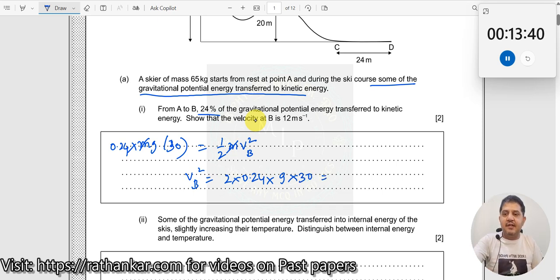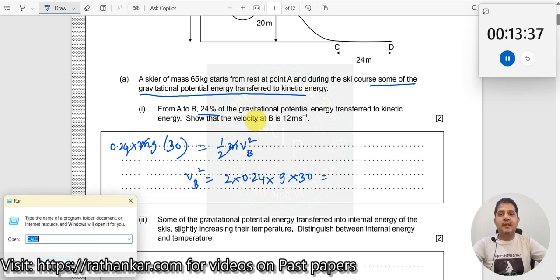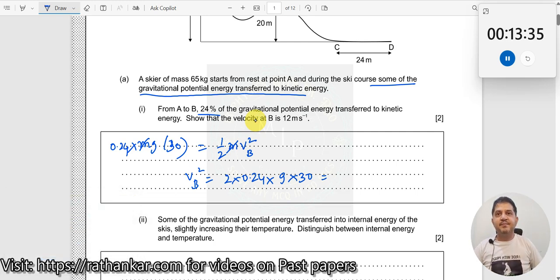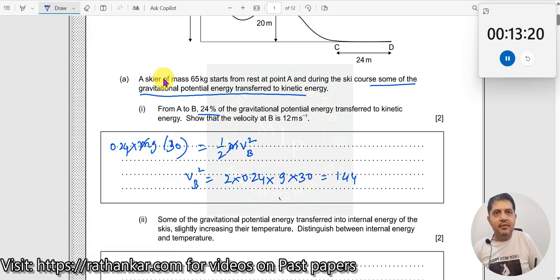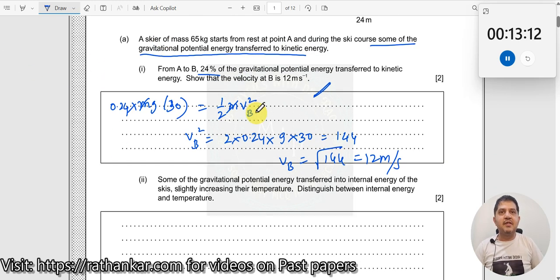Let us calculate: 2 times 0.24 times 10 times 30 gives 144. Vb equals root 144, which is 12 meters per second, as required. Now let us move on to the next one.